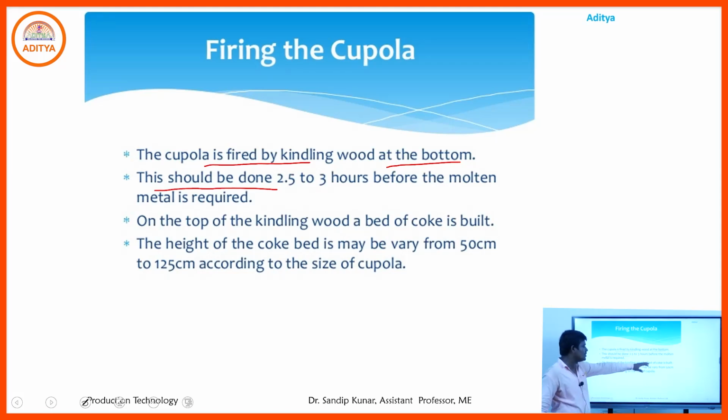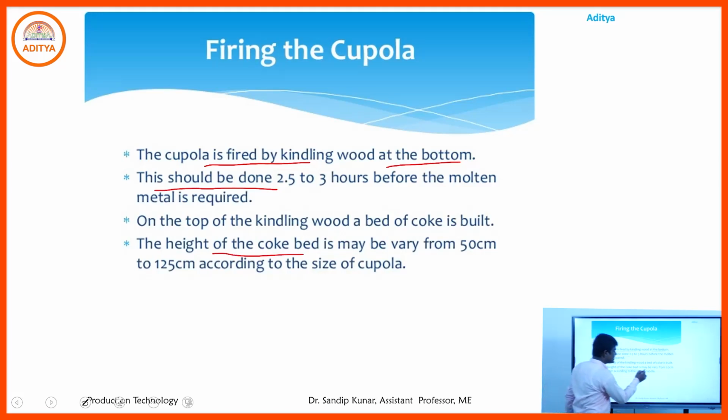Then on top of the kindling wood a bed of coke is built. Due to the firing of the wood, after some time the coke also starts burning with the help of oxygen.